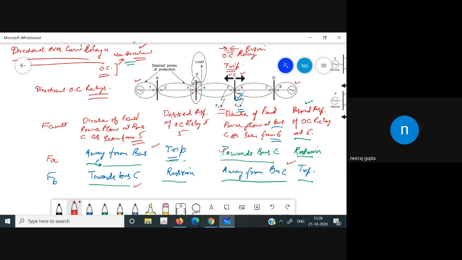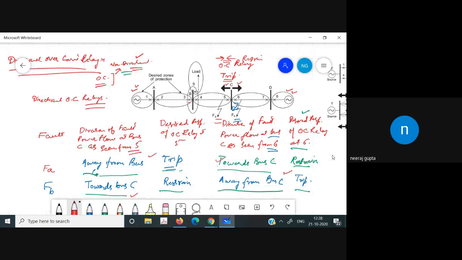This is the example of the directional overcurrent in case we have the double end fed system. So this was actually the double end fed system in which the directional relay is used. Now, other systems in which directional relay is used, we can discuss.